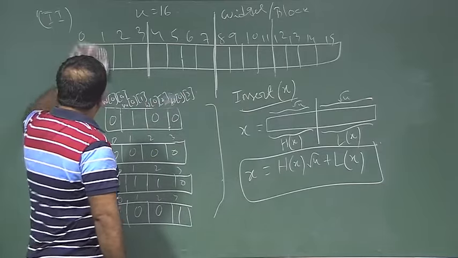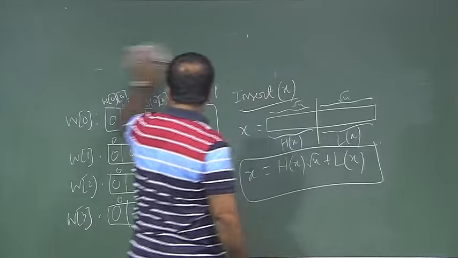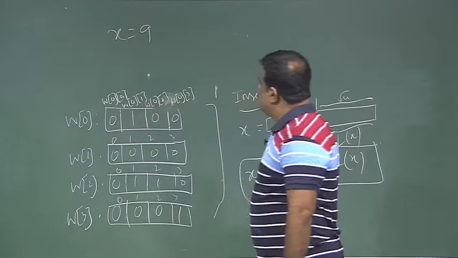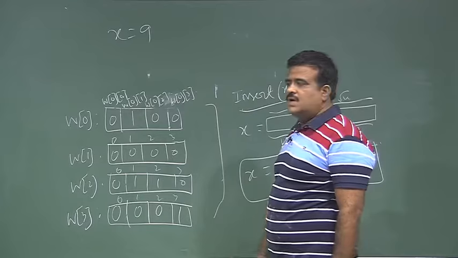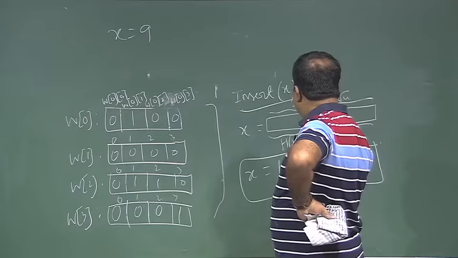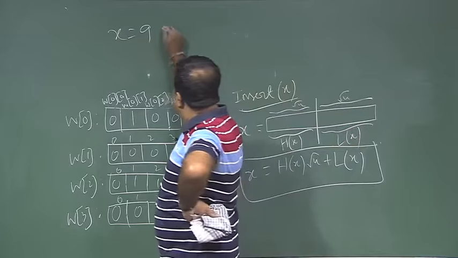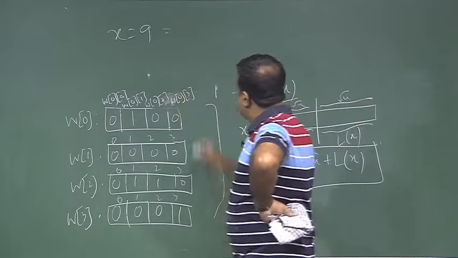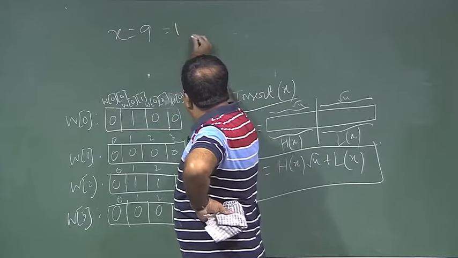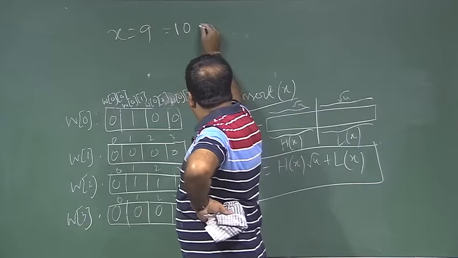For example, suppose x equal to 9. So, for 9, how can we convert? Here u is 16, so square root of u is basically 4. How do we convert 9 into binary? 9 is basically 1 0 0 1.